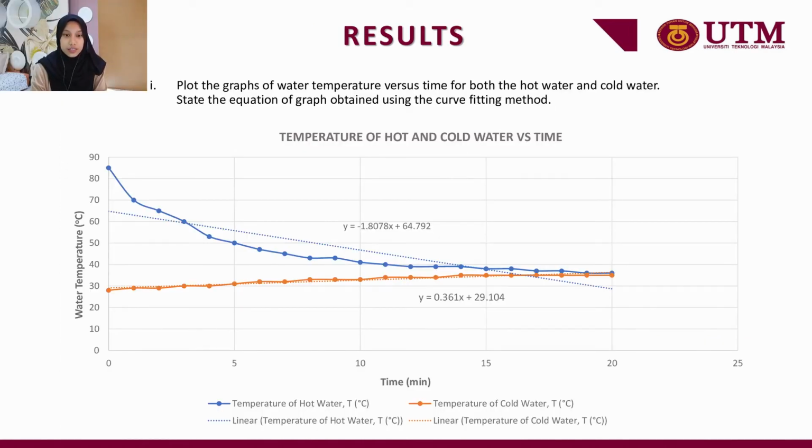So this is the graph plotted for temperature of hot and cold water versus time. The blue line represents the temperature of hot water, while the orange line represents the temperature of cold water.